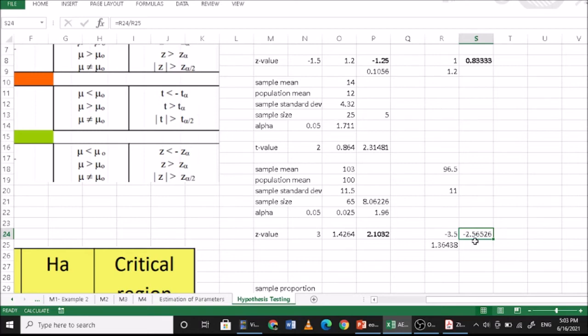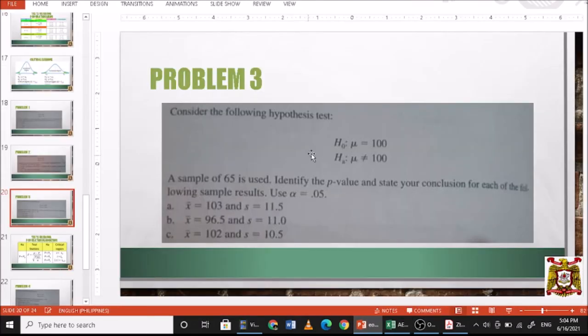Negative 2.56 is less than negative 1.96, so still we reject the null hypothesis, since the absolute value exceeds z alpha over 2. So we reject the null hypothesis and say that the population mean is not equal to 100.